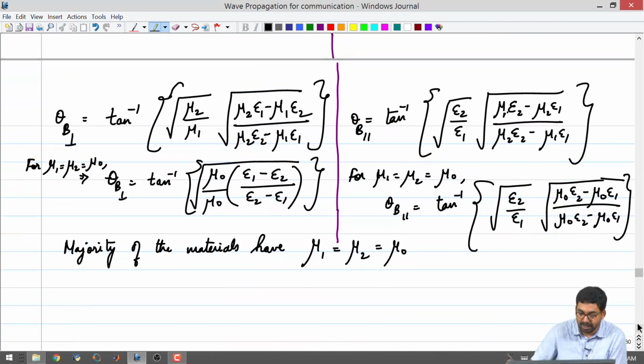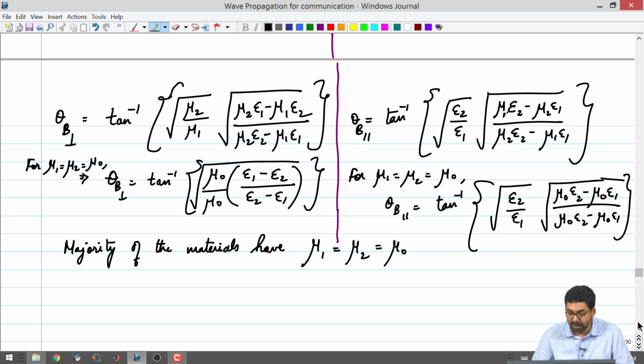We also saw that in general cases, the Brewster's angle expression was that. However, one could say that majority of the materials are non-magnetic. If that is the case, you could substitute for mu 1, mu 2 as mu 0, and then you will observe that for the perpendicular polarization, the case for Brewster's angle is not easy to get.